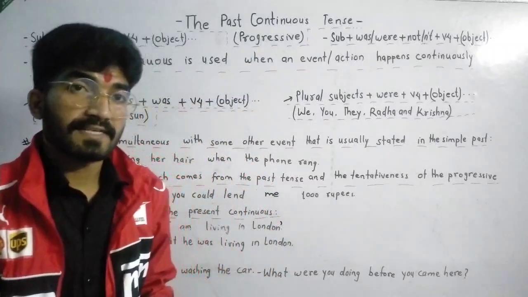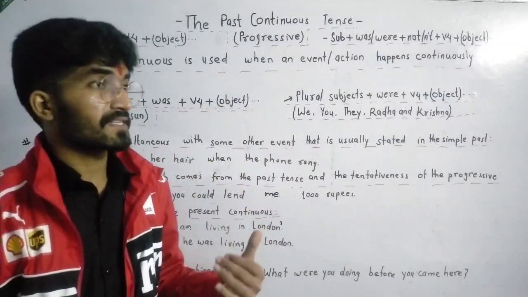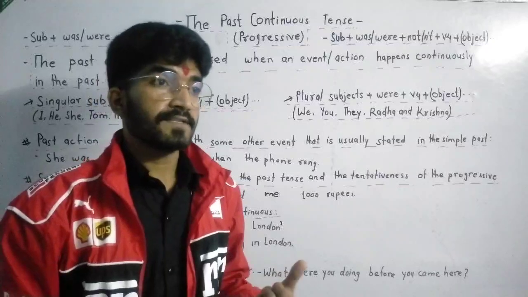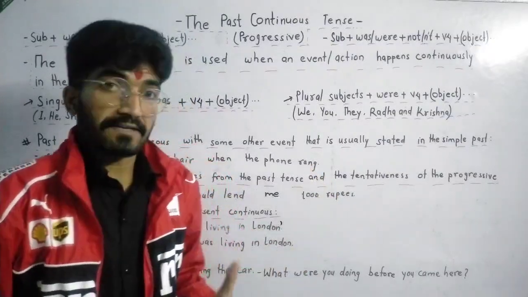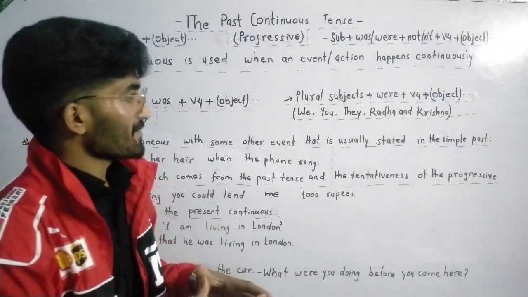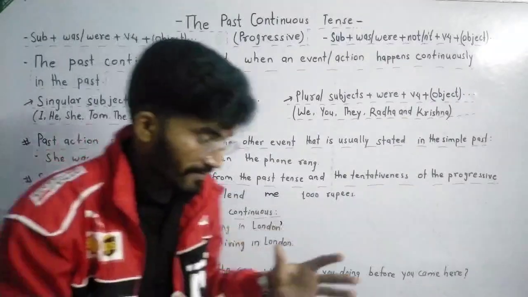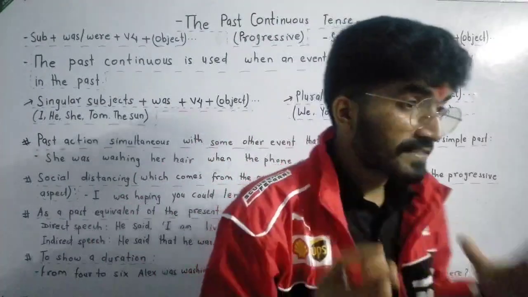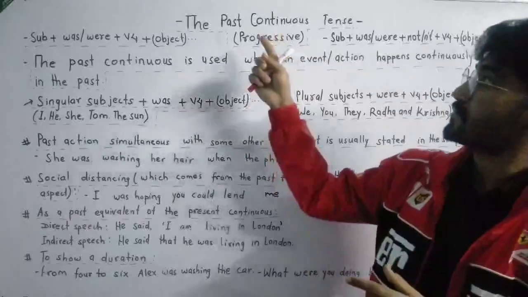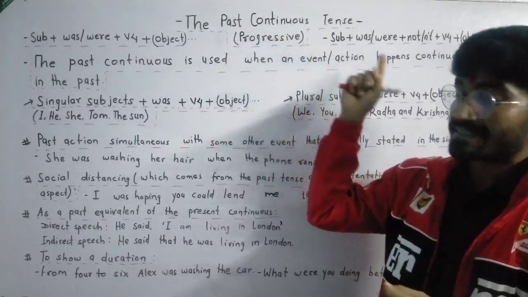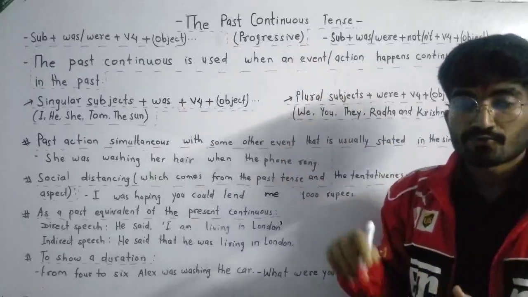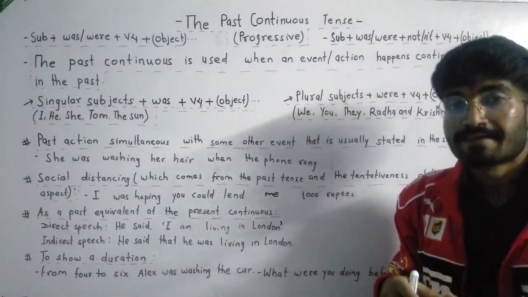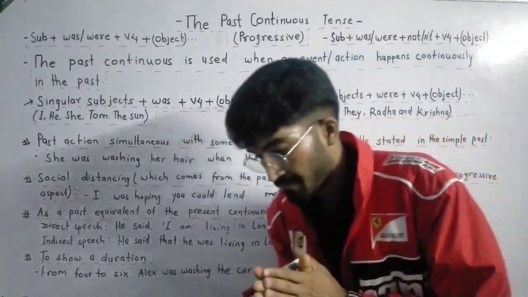If people can understand, that's fine. If somebody says I was talking to Alex, it means the person talked to Alex, we can understand. So we have to focus on the uses of the past continuous tense while discussing this lesson, so that we could communicate effectively and meaningfully.